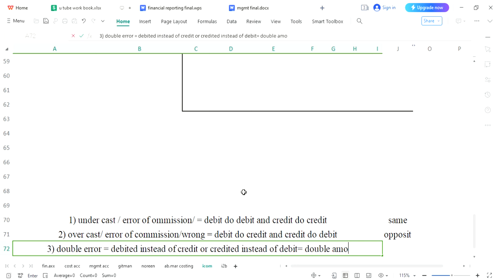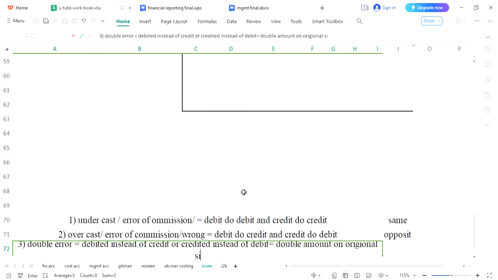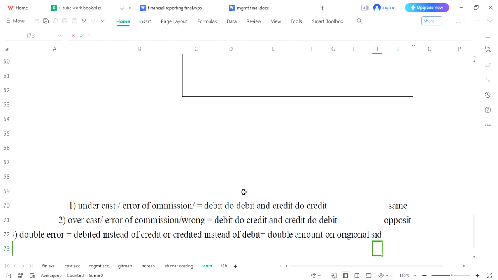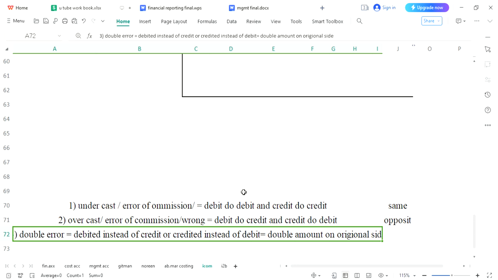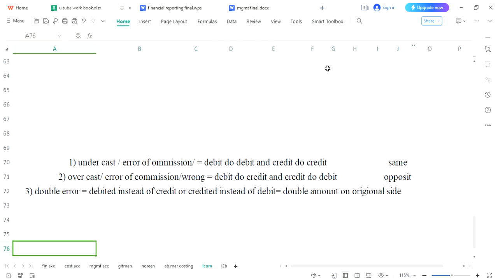Double amount on original side. Here we will be explaining it once again. Why have we taken this much time? Because this was important.